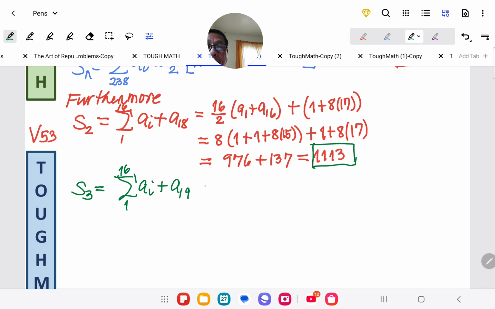We already know from the previous calculation that the sum of a sub i from 1 to 16 is 976, and then a sub 19 is 1 plus 8 times 18, since 19 minus 1 is 18.